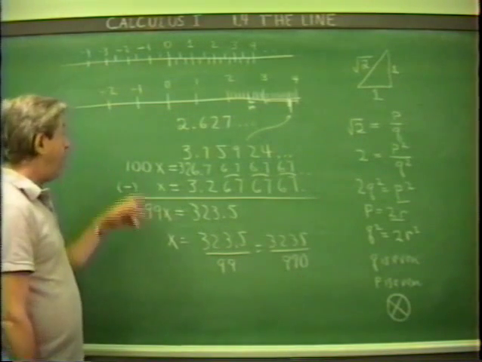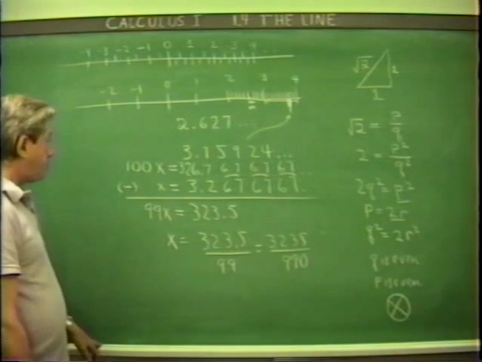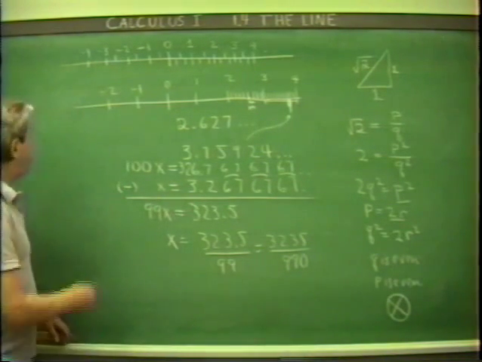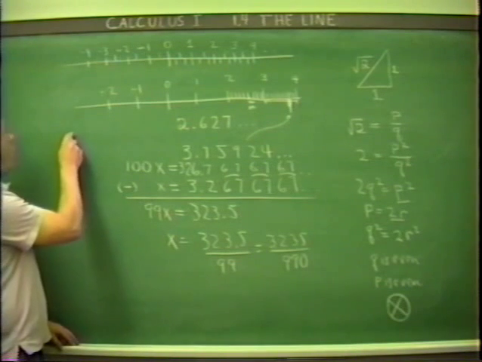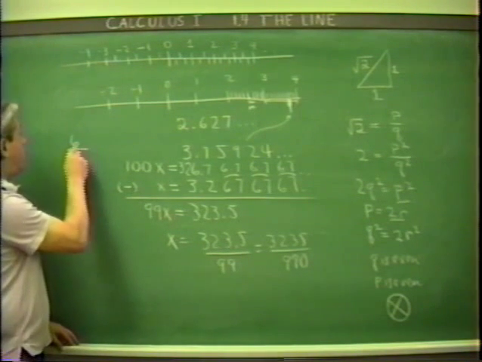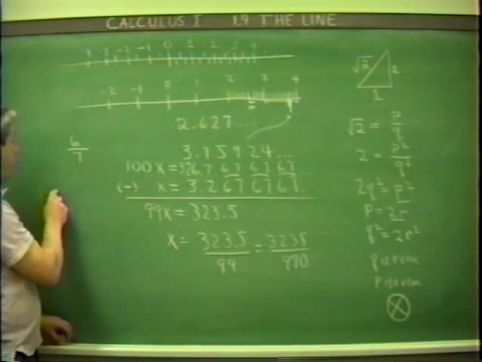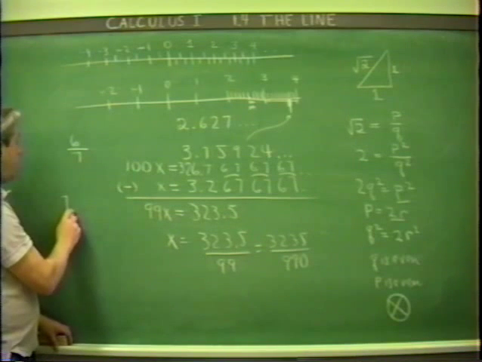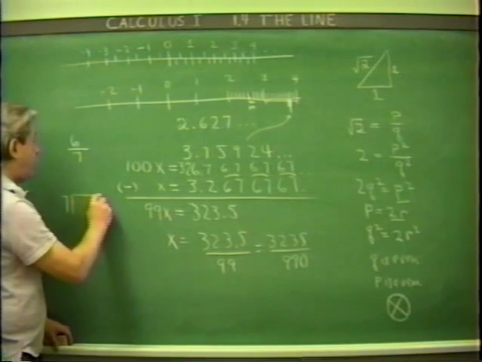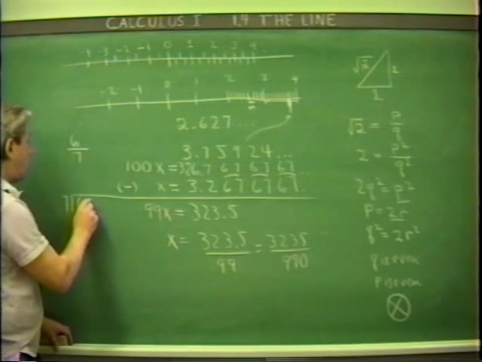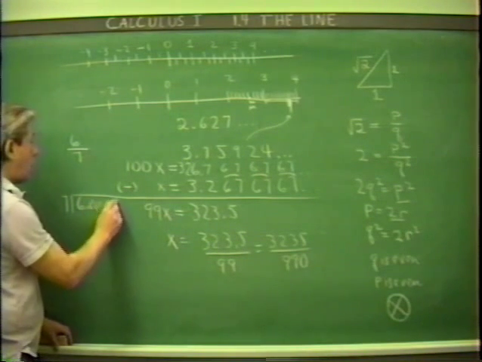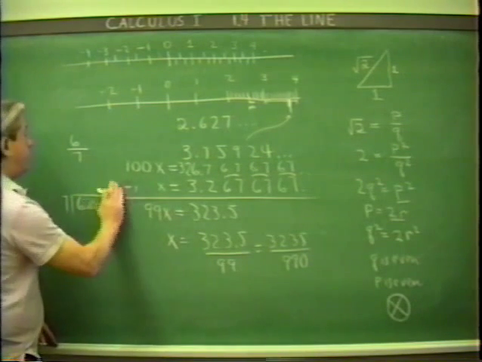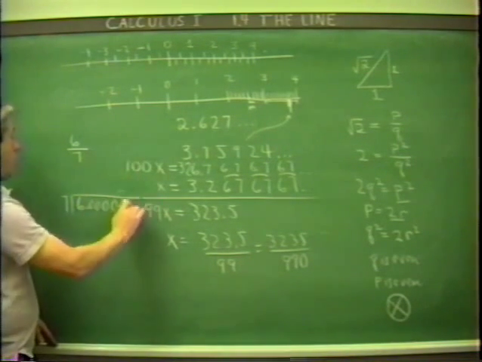Conversely, if we start with a rational number, we will find that its decimal expansion repeats in blocks. For example, let's take the number 6/7. This will illustrate things. If we divide 7 into 6.00000, what happens here?